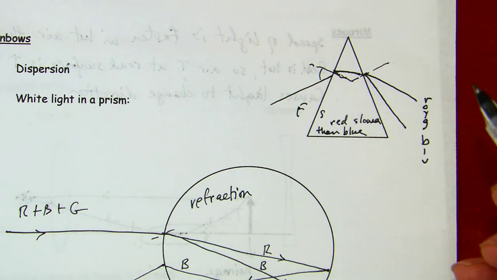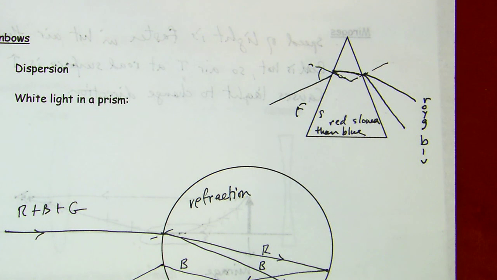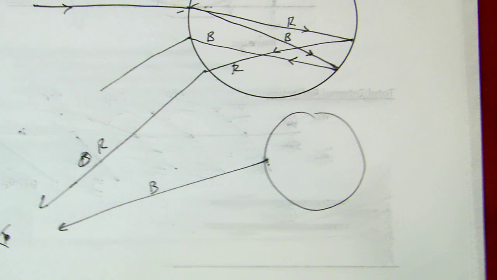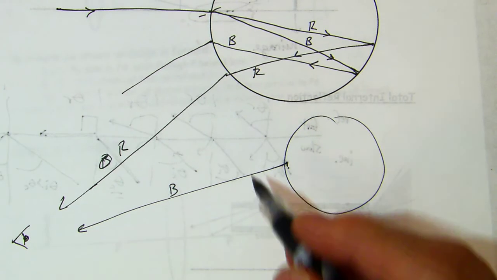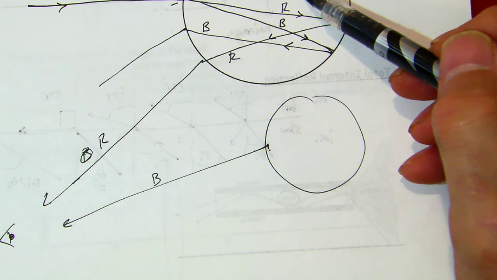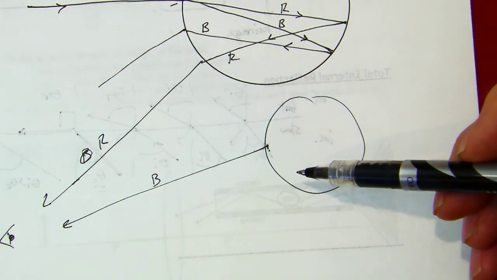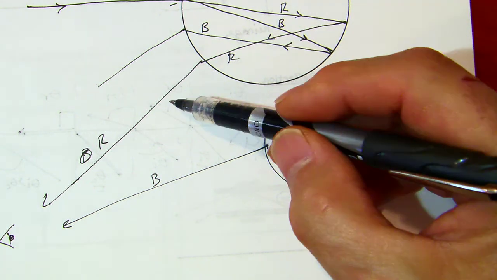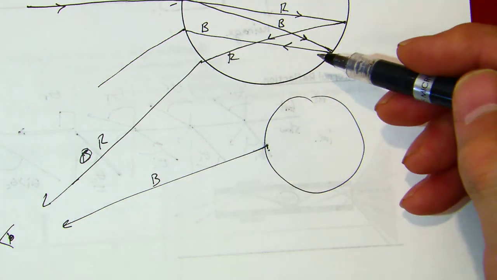And so when you look at a rainbow, you always have red on the top and blue down below. And that's because of the different speed of these two colors in the water and causing this refraction at different levels. And so this raindrop will show red, this one will be blue, and in between you'll have the whole spectrum.